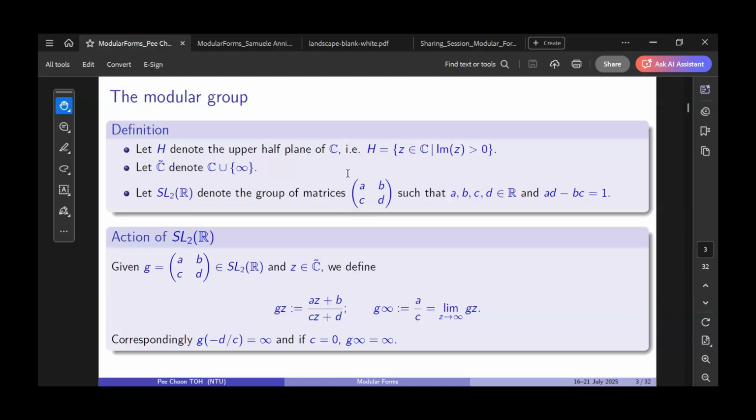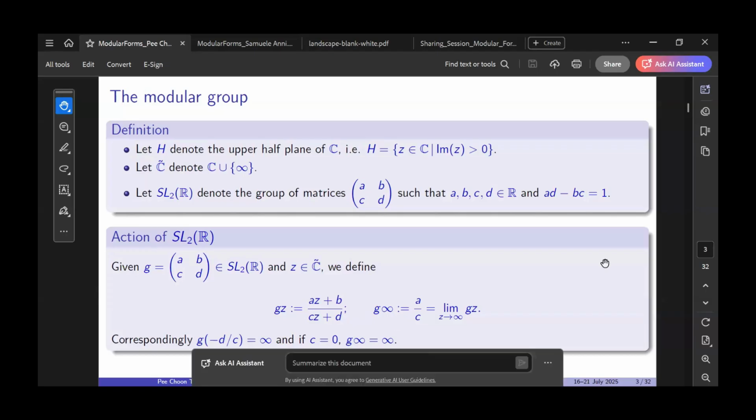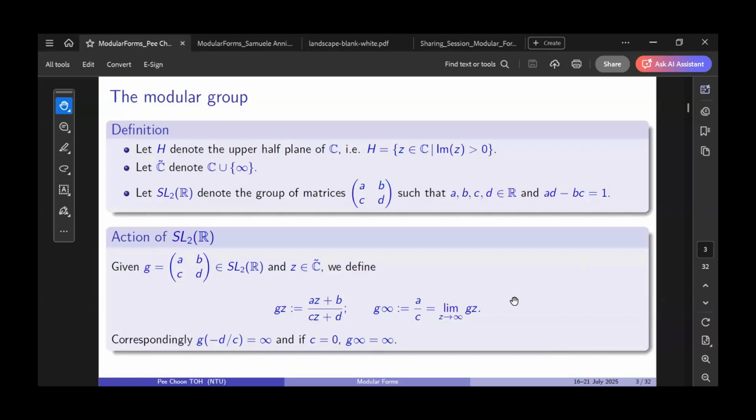Now, we have an action of SL2(R) like this. Given g a matrix (a b; c d) in SL2(R) and z an element of C-infinity, we define gz as (az plus b) over (cz plus d), while g infinity is a over c, or the limit of gz as z goes to infinity.